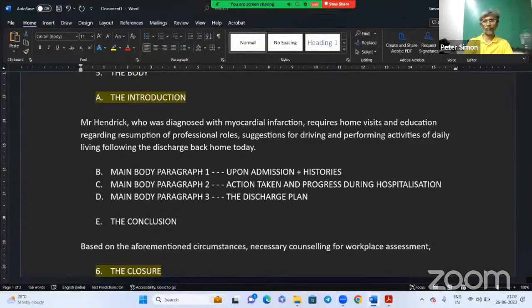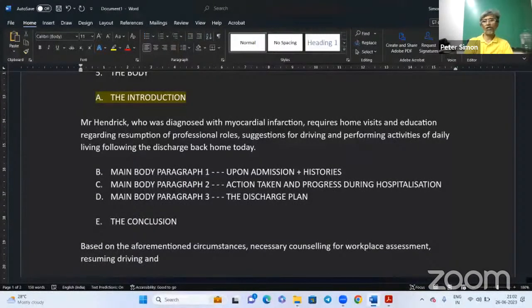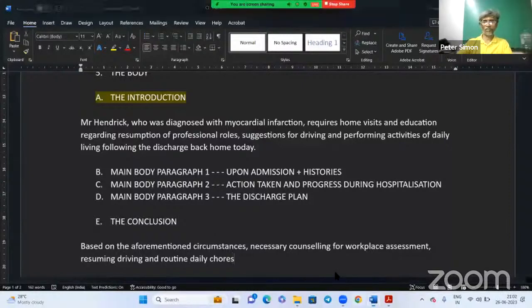The next one, resuming driving, and routine daily chores. Okay, chores, is it what type of word?